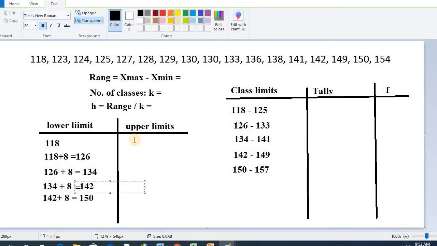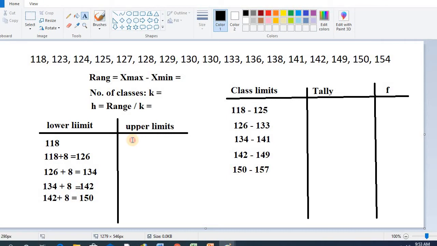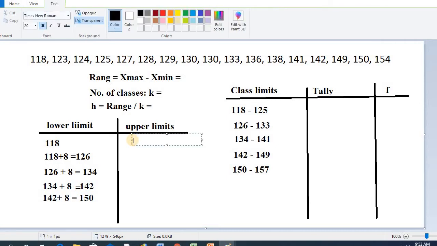Now, how to obtain the upper limit? The minimum value is 118. So we add h minus 1, 8 minus 1, 7, which is equal to 125.